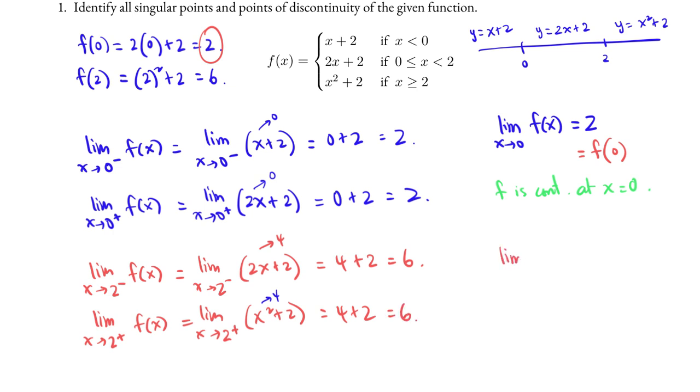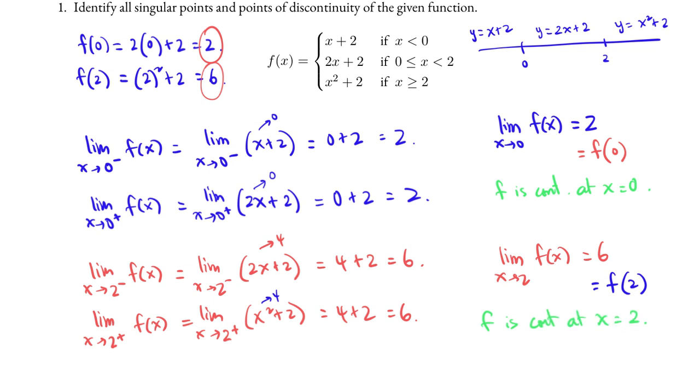The limit as x goes to 2 from both sides of the function is therefore 6. And this is equal to the value of the function at x equals 2. We computed earlier, f of 2 is 6. And so we also say that f is continuous at x equals 2.